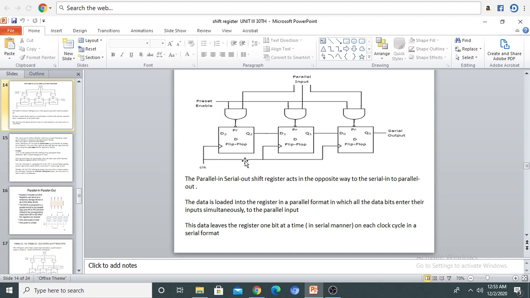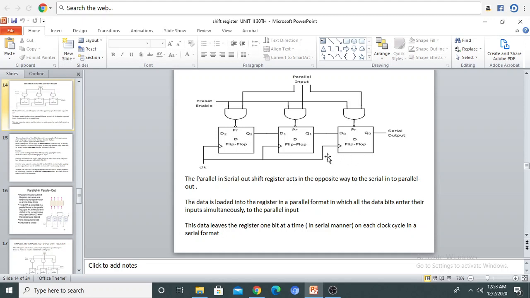After applying the first clock pulse, this Q1 value is shifted to Q0. Now I am getting the second binary value 1. Next I am applying the clock pulse. On the second clock pulse I am getting the value of Q2 in the serial output.